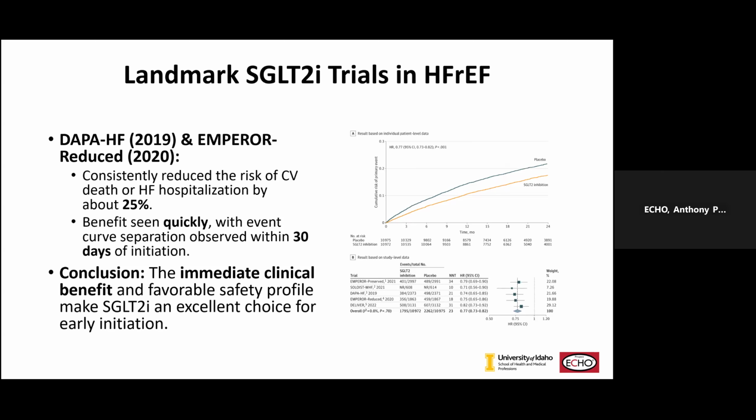And you could see that it's in less than 3 months. They actually saw that curve start to diverge within 30 days, so we are seeing benefit really quickly from SGLT2s. So the immediate clinical benefit and pretty good safety profile makes the SGLT2s a really good choice to be put in HFrEF. Next slide.